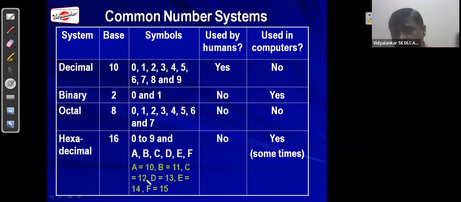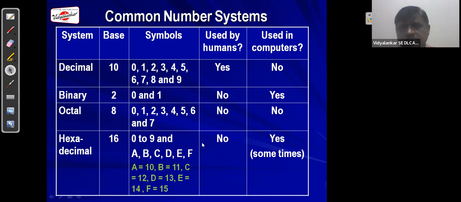Okay, for that, rather than representing 12, we always represent 12 as C. So basically, why do we use alphabets? Let's get back to our question.